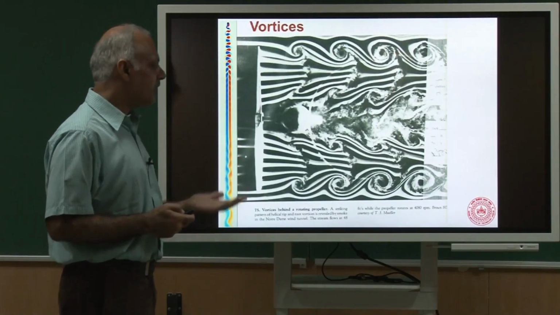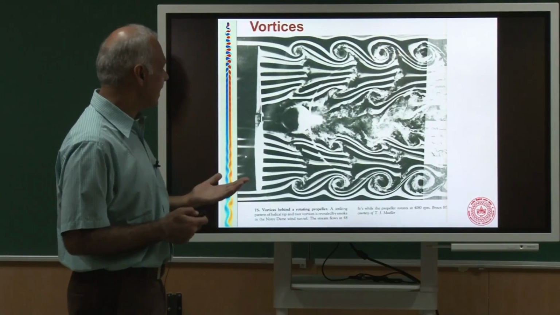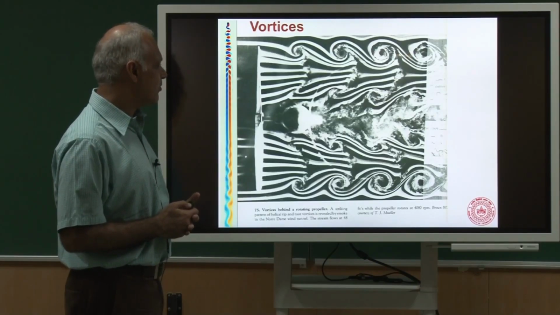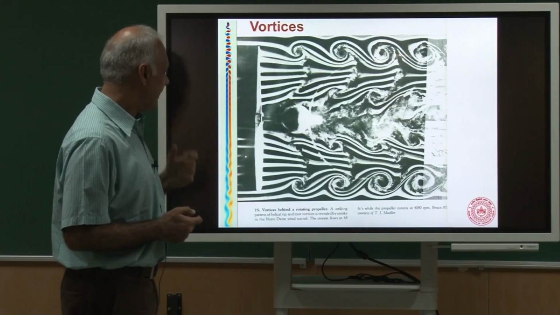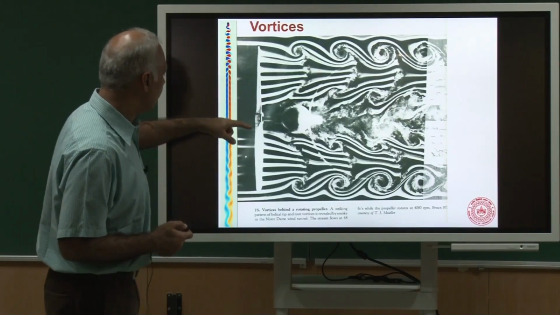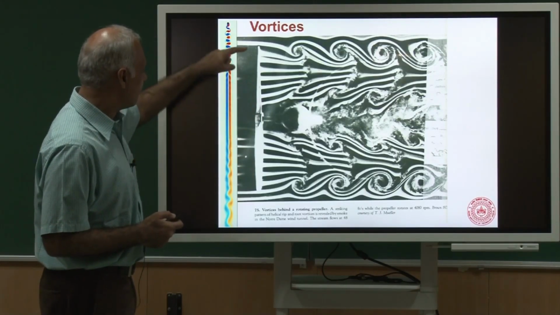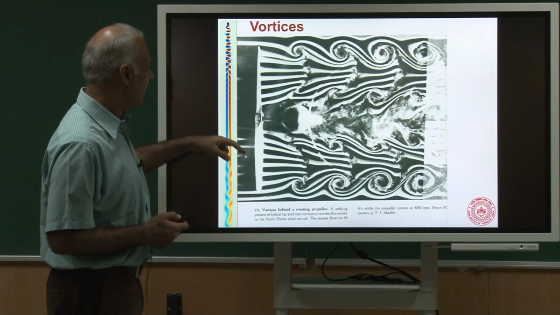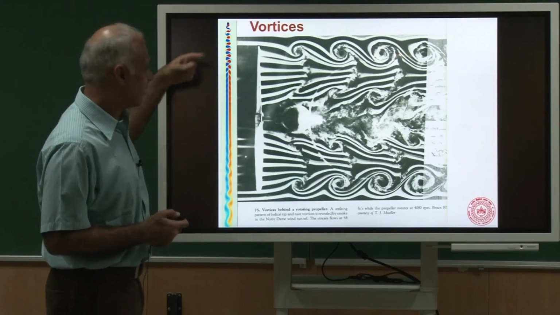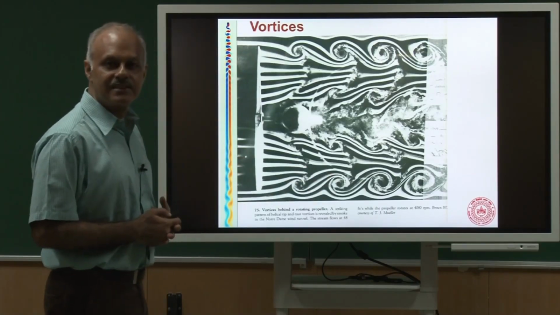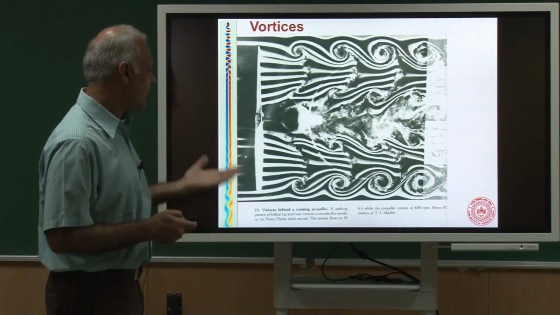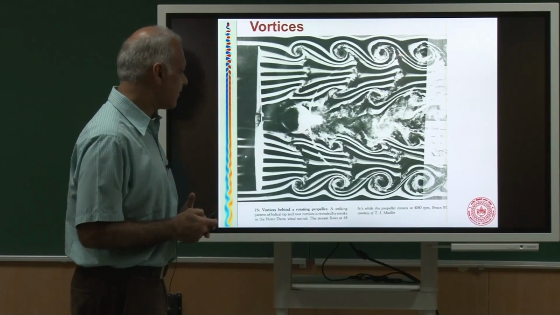I thought you may enjoy this picture, so please take a moment to see if you can identify what this picture is. In fact, it's a propeller. So if you look carefully, these are the blades of a propeller, and the propeller is spinning. And then at the edge there are these very nice vortices. So this was just to tell you how interesting the flow is.